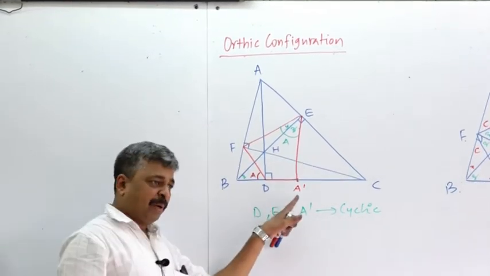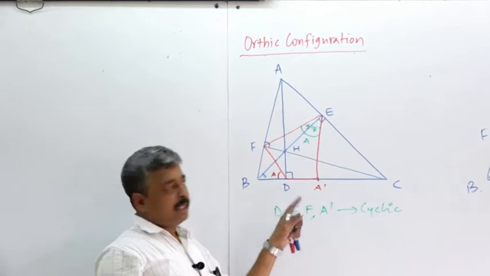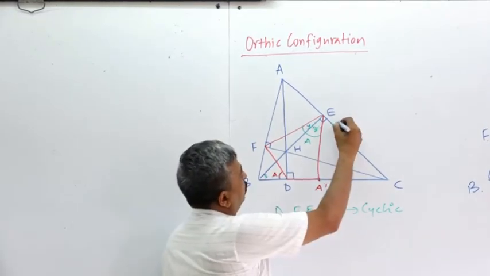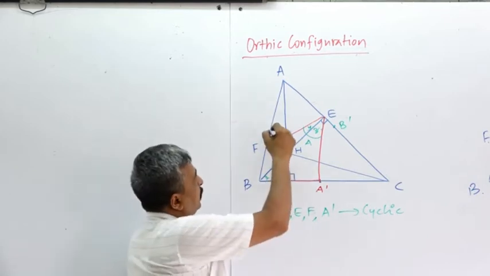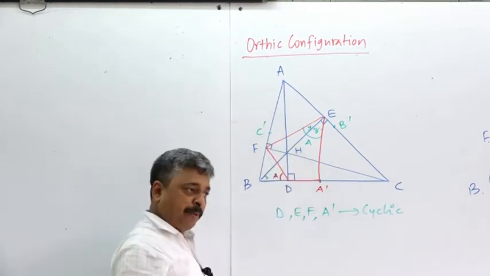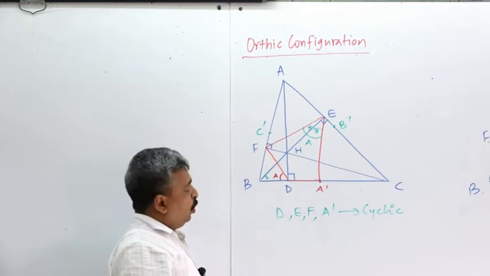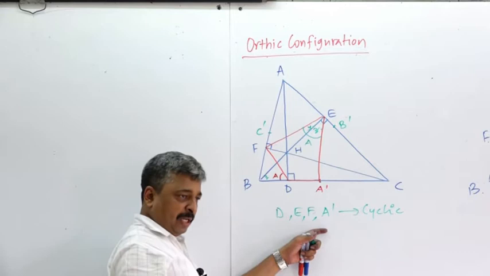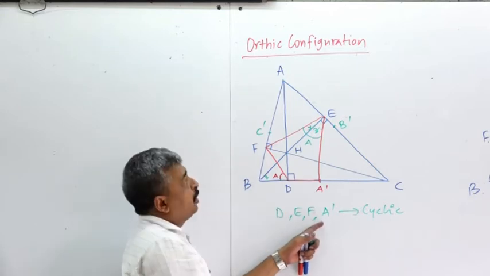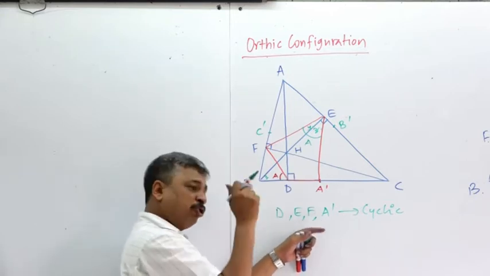Now if it happens with A dash, which is midpoint of BC, it should happen with B dash, which is midpoint of AC. It should happen with C dash, which is midpoint of AB. So if these 4 points are concyclic on one circle, then midpoint of BC also, AC also, and AB also should be there.